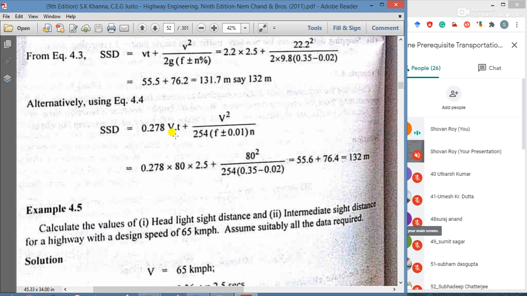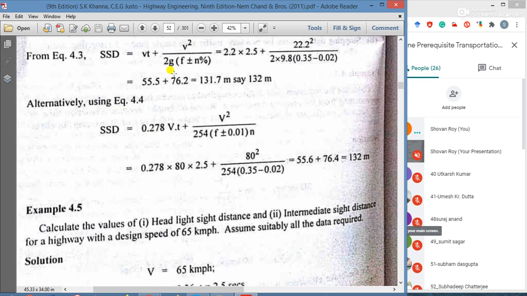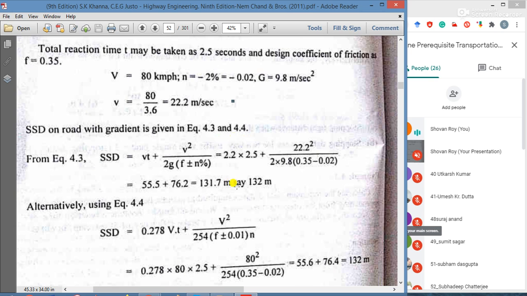Alternatively, we can use 80 directly, and then no conversion of the speed of the vehicle is required. But this is the actual fundamental way to solve this type of problem. So this SSD value is 131.7.